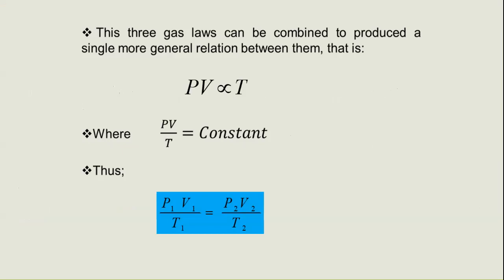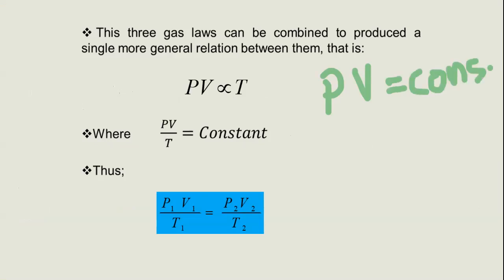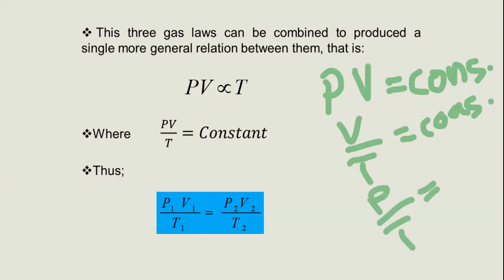Here we see that the equation for the ideal gas law is as given. What you might notice is that it has some of the parameters that were used in your Charles' law, Boyle's law, and Gay-Lussac's law. If you remember, we have PV is equal to a constant, V over T is equal to a constant, and P over T is equal to a constant.